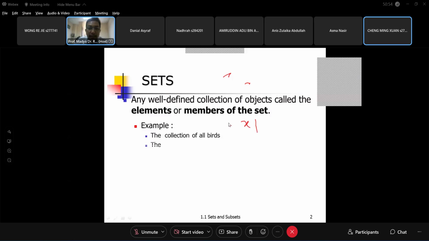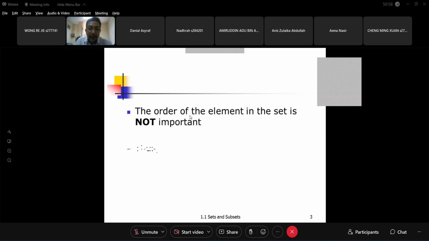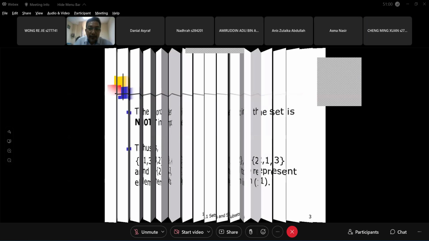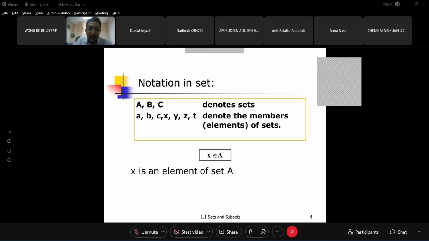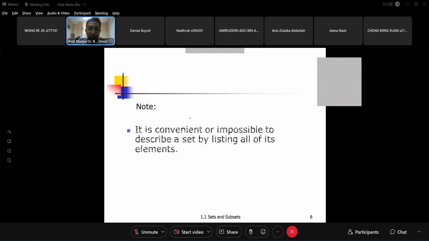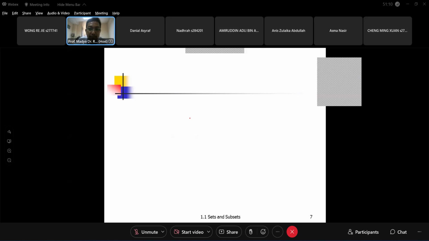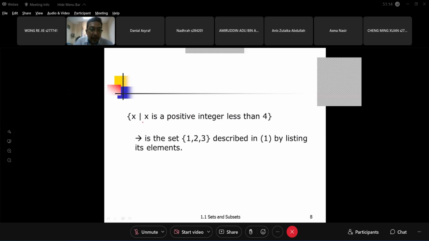Okay, this symbol, X, means element. This means represent.